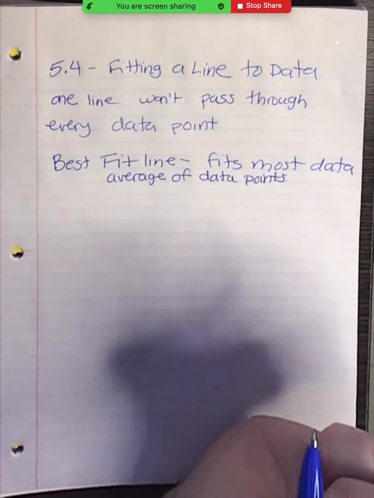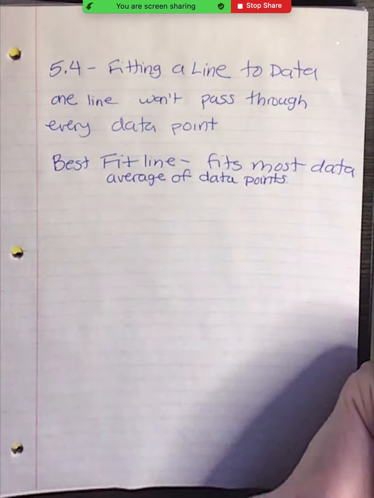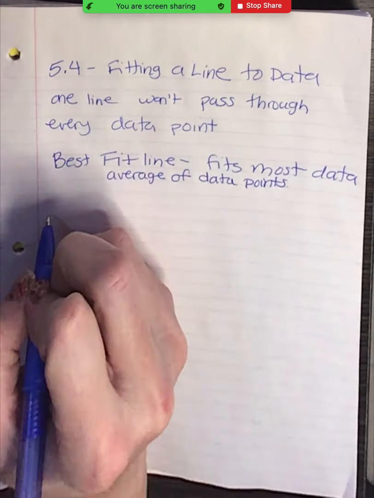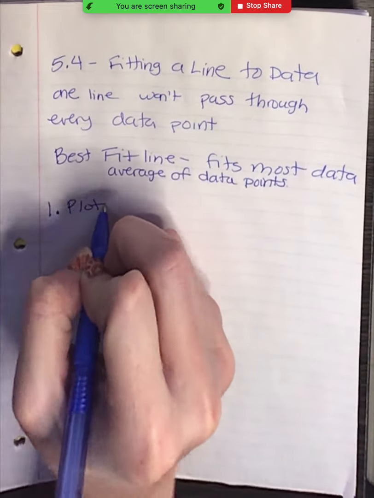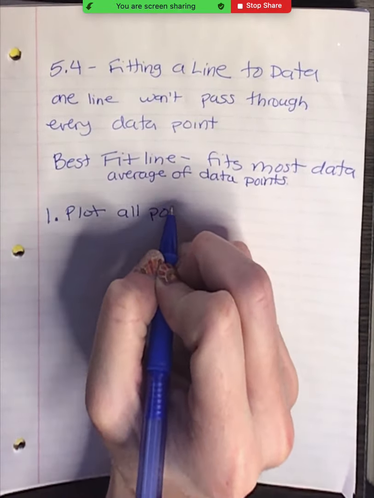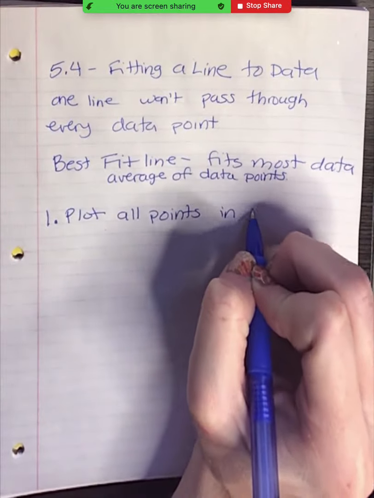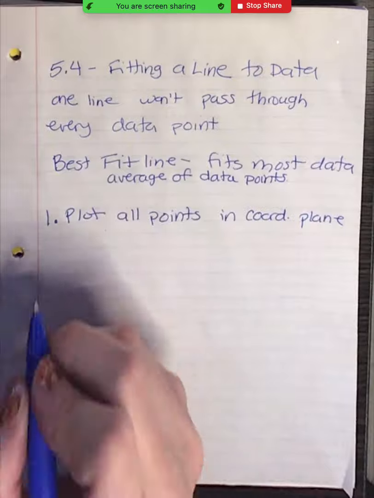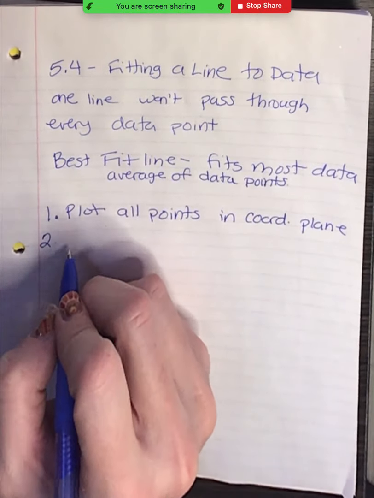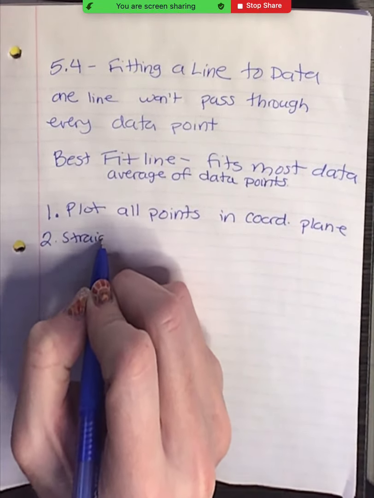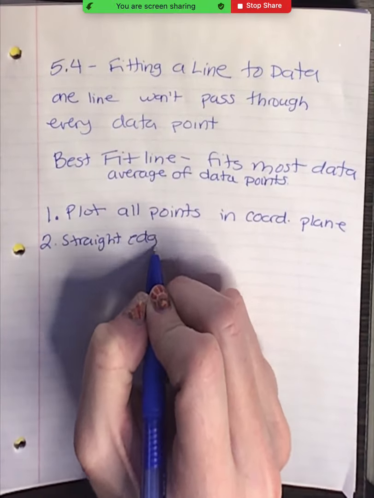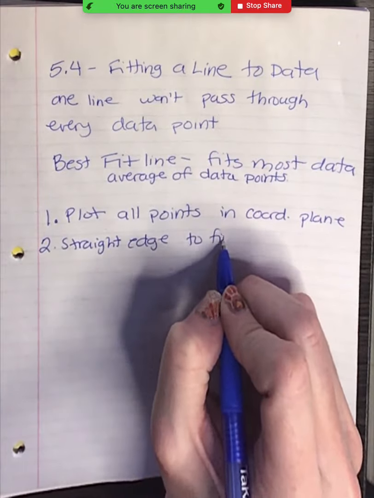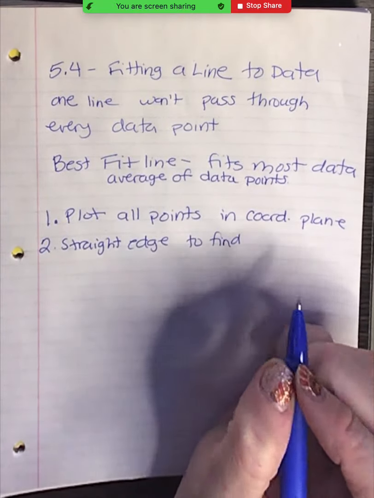Okay, so in order to find this best fit line, you are first going to plot all the points. Then you're going to use a straight edge, like your ruler, to find a line that is about the same distance to every point.